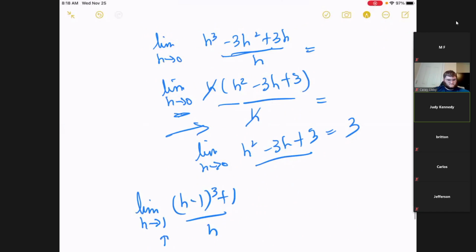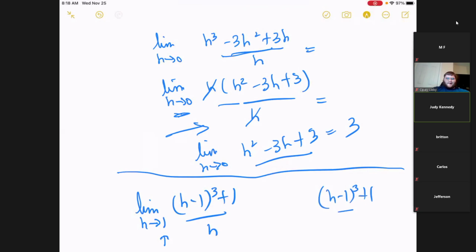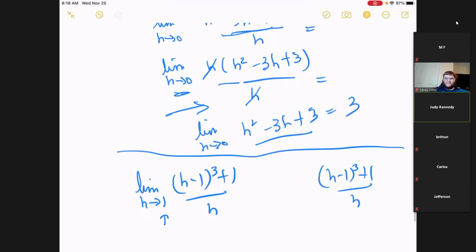Well, the fact that that's 1 instead of 0 makes all the difference in the world, because (h minus 1) cubed plus 1 over h is continuous at 1.